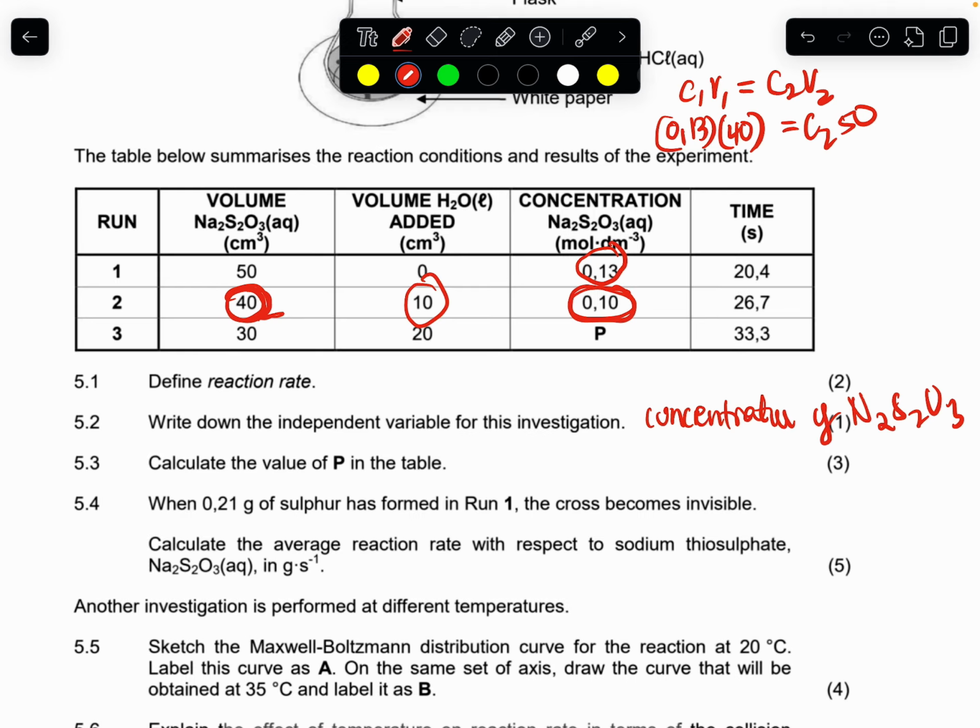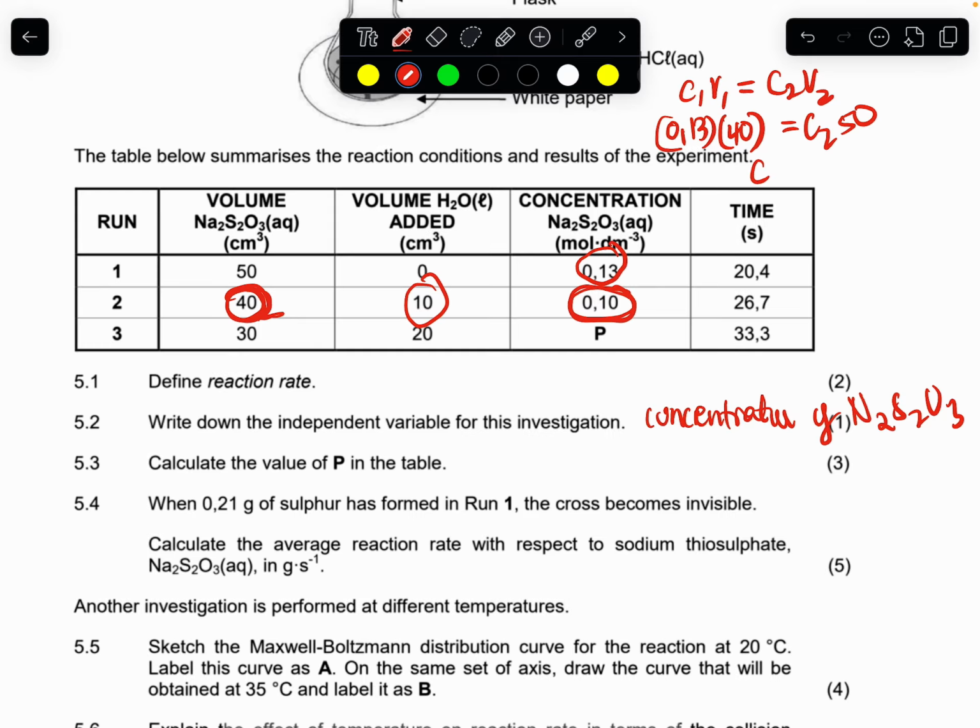So let me punch that in the calculator quickly. It's 0.13 times by 40, and then we divide the answer by 50.